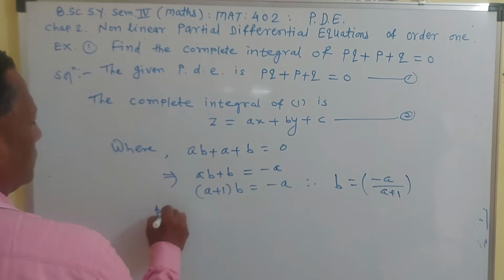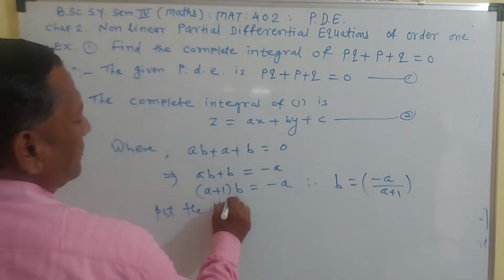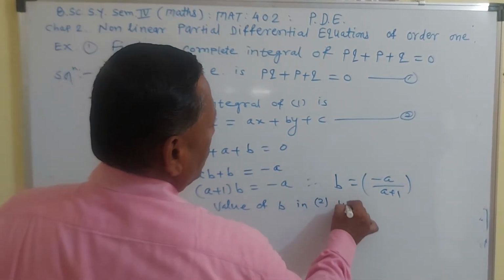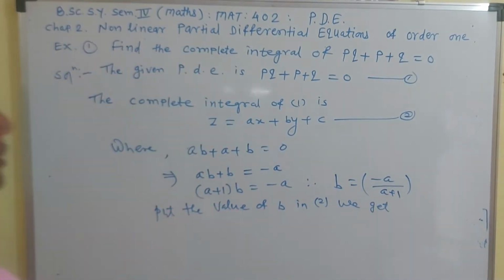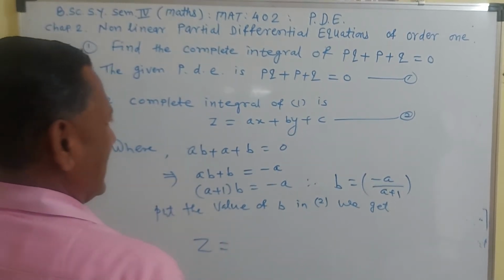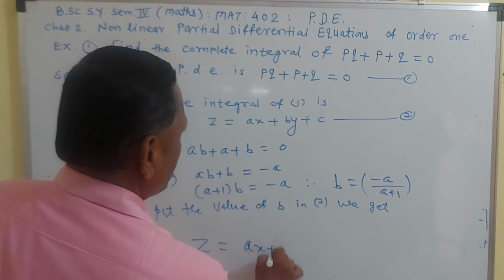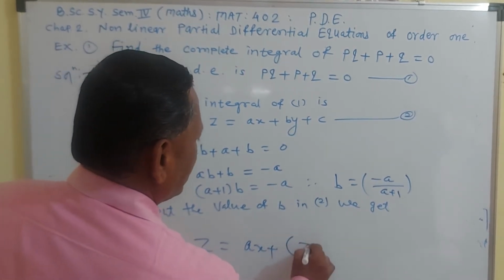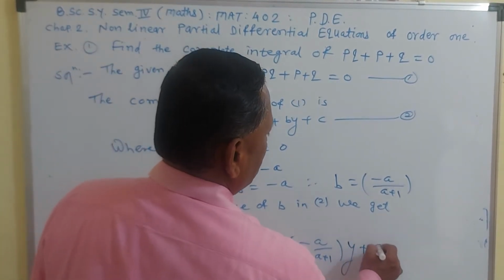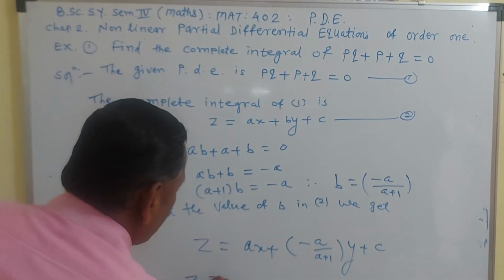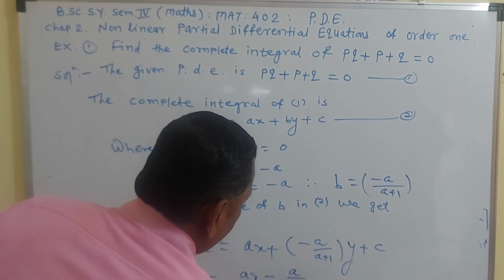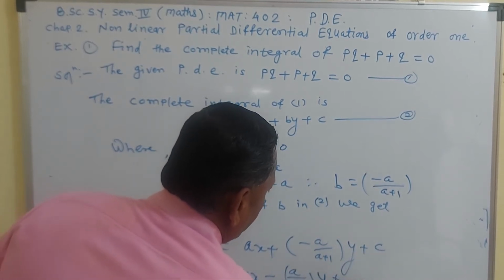So you get the required complete integral, given by z is equal to ax plus minus a upon a plus 1 into y plus c. That is, z is equal to ax minus a upon a plus 1 into y plus c.